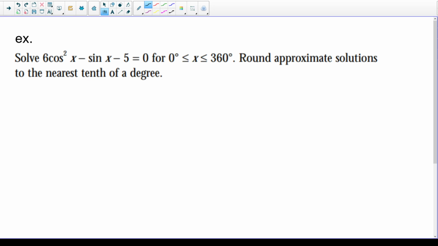We need to get everything written in the same trig ratio. Is there any way that we could get everything written as sine x or sine squared x, perhaps? Do you see something that we could change? I'll give you another hint. It's based on an identity.